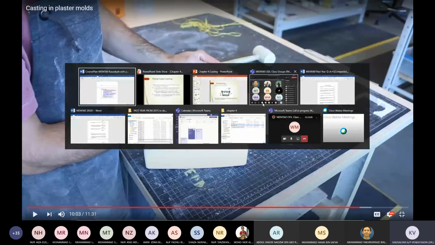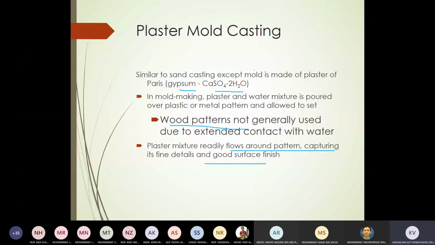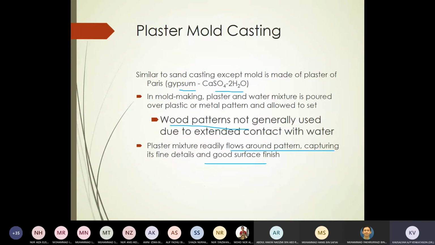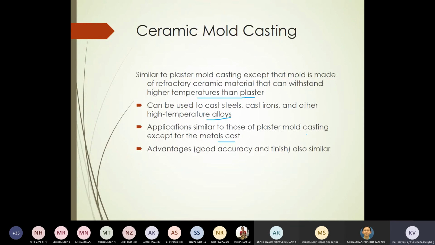All right, so that was plaster mold casting. As I said, wood patterns are generally not used due to water, and the plaster mixture readily flows around the pattern, capturing the fine details. We mentioned this already.